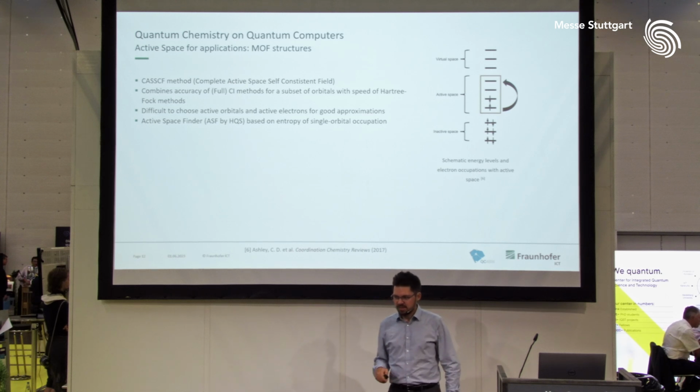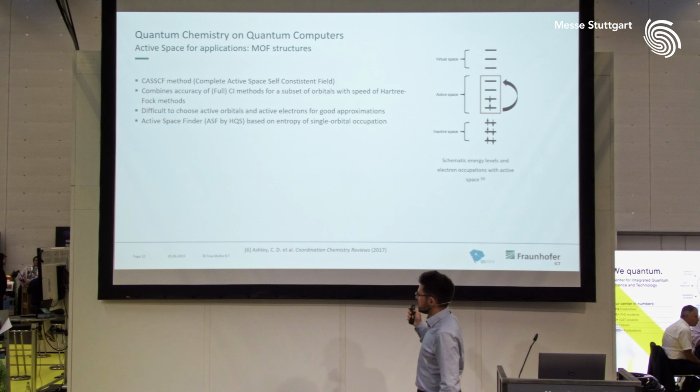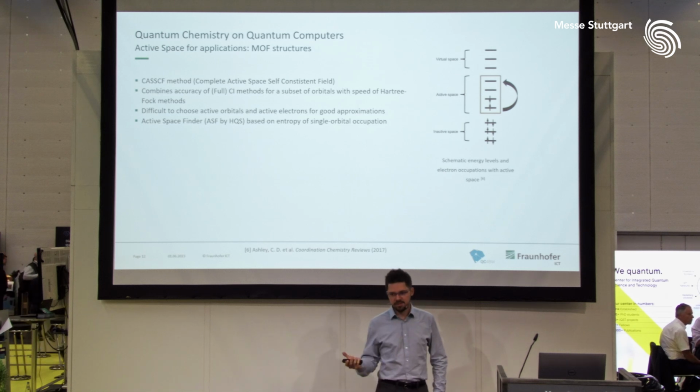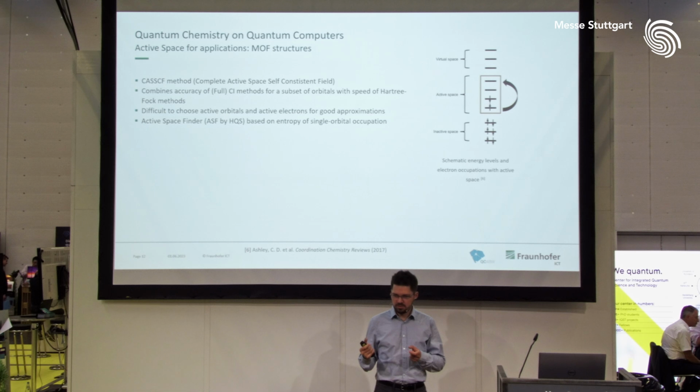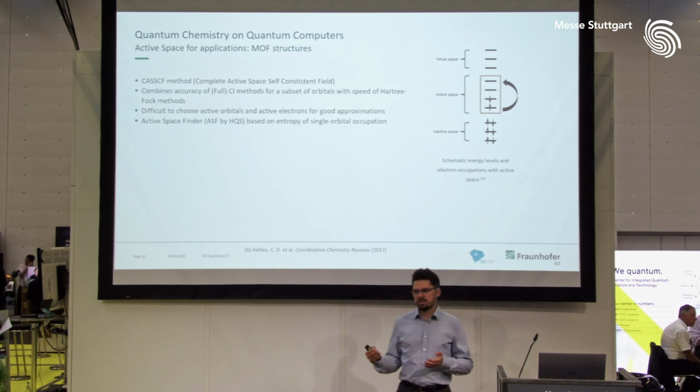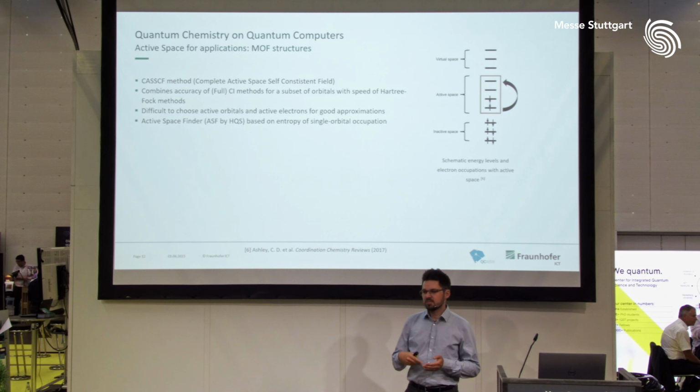And then there are also these orbitals in between within the active space. So there are highly coherent electrons interacting a lot with each other, and those are very tricky to treat on a classical computer.